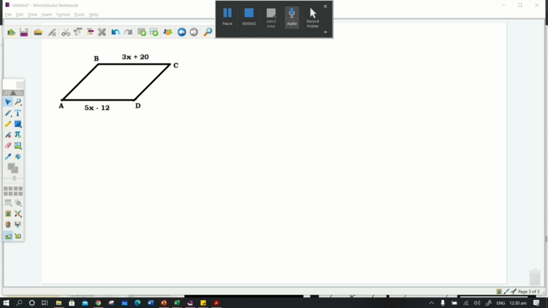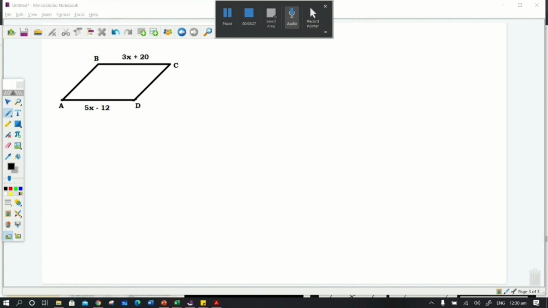And for our last example, let's try to find the value of x in the parallelogram ABCD. Okay, so what property of parallelogram are we going to use to solve for the value of x? In this problem, to solve for the value of x, we're going to apply the property of parallelogram, which is opposite sides are congruent.